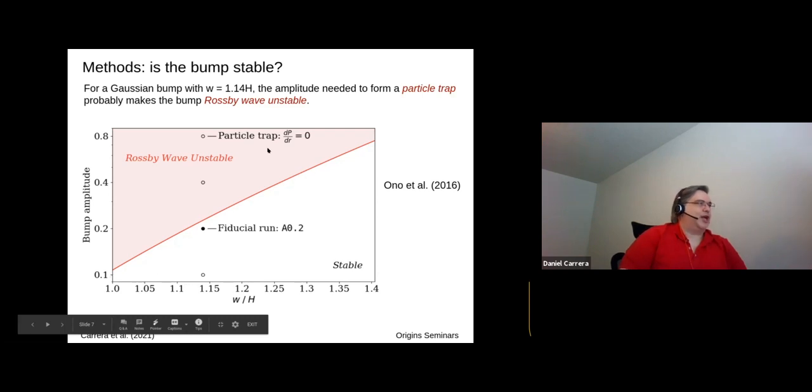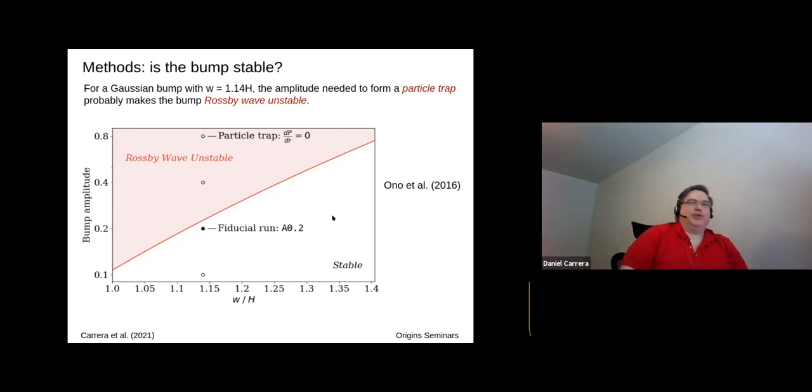Anything above this line should be unstable. Anything below the line should be stable. So my fiducial run would be the largest pressure bump that is still small enough to be safe and stable against the Rossby wave instability.